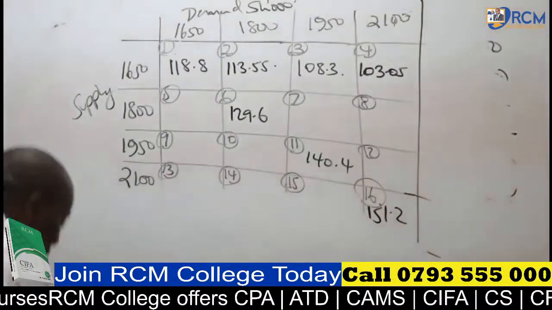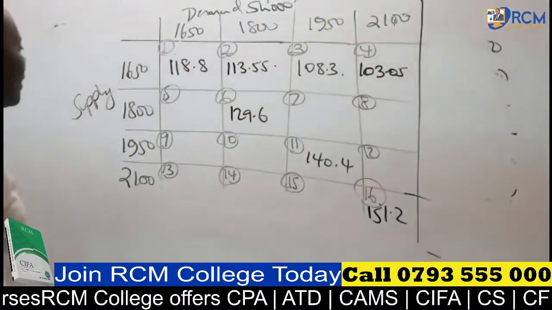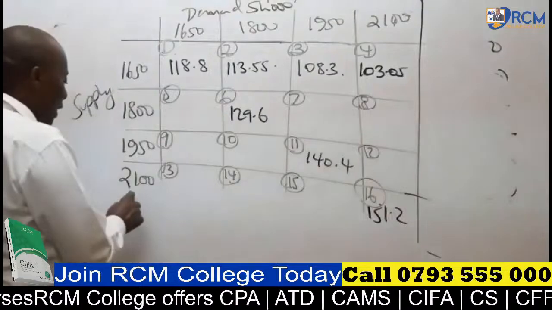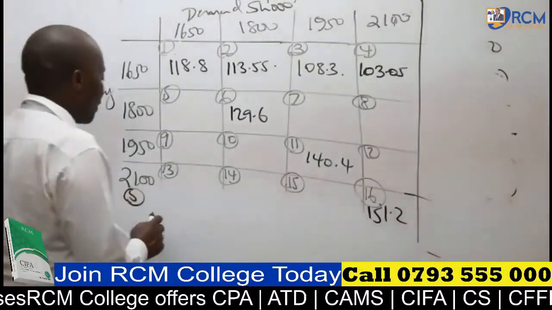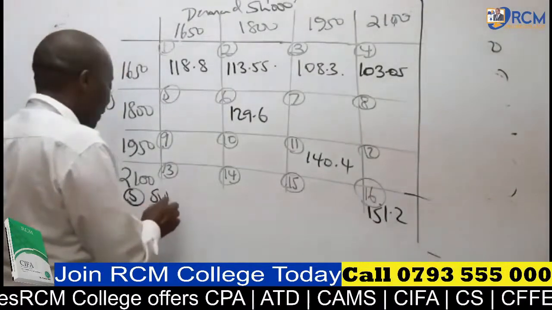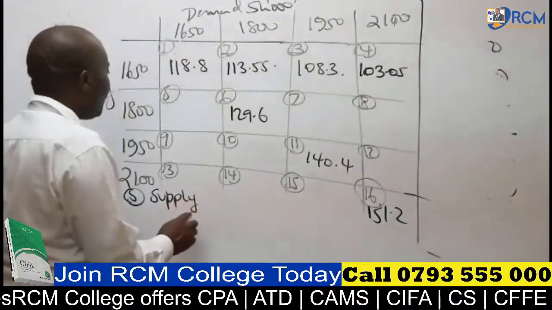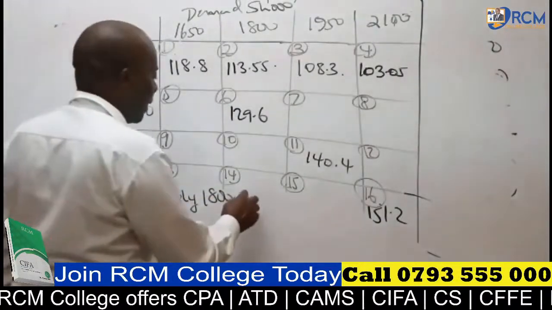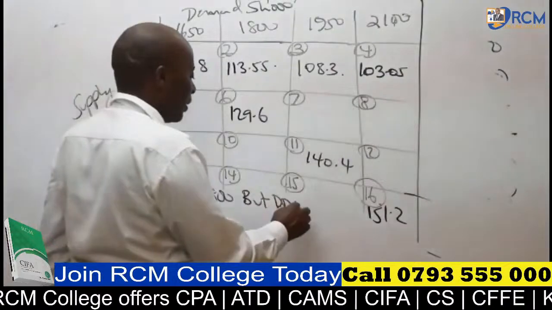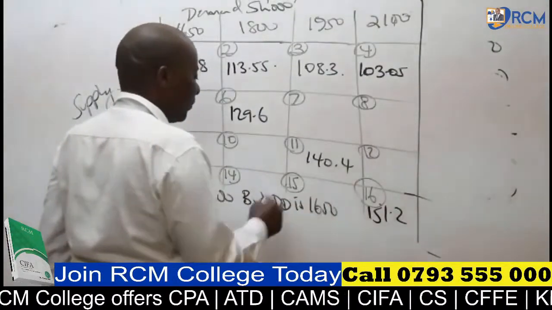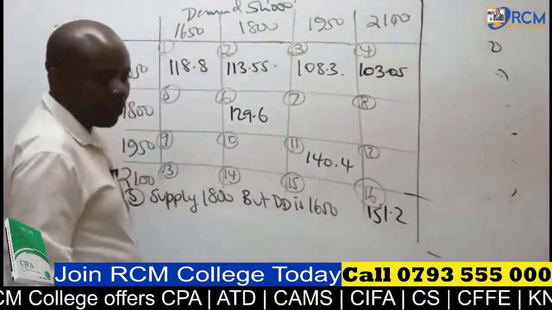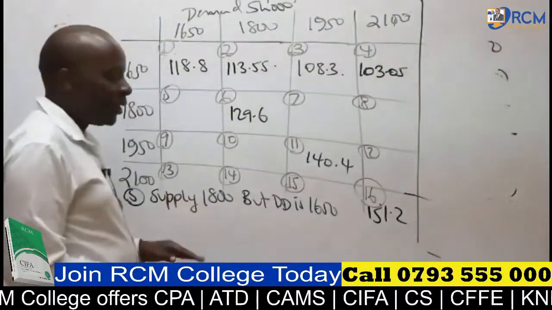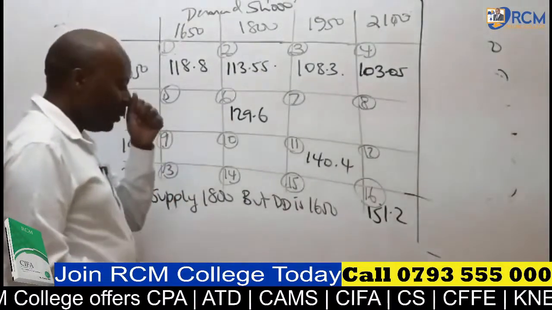Allow me to do this one. So this one is cell number 5. For cell number 5, ladies and gentlemen, we have supplied 1800, but demand is 1650. So of course you'll compare supply and demand, and the effective one will be the lower.